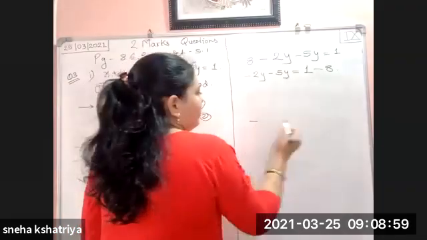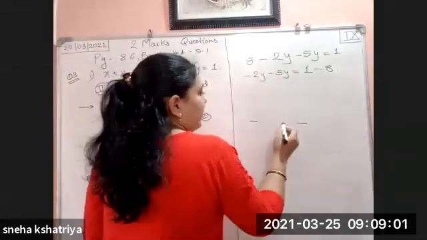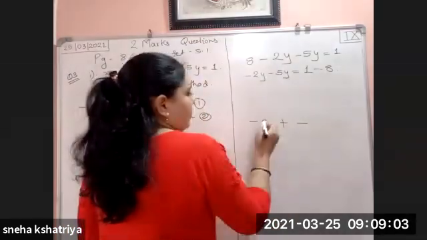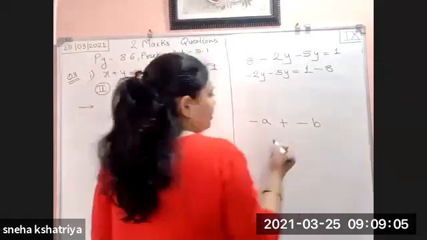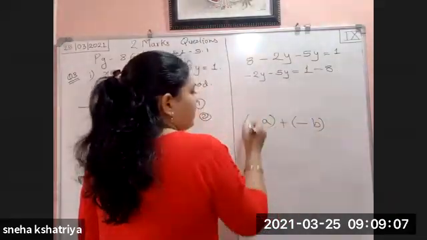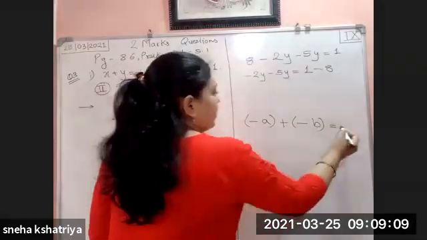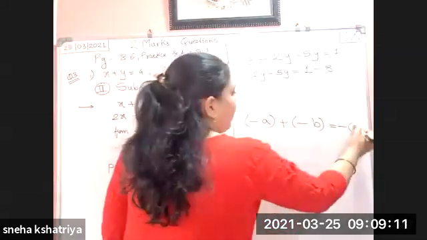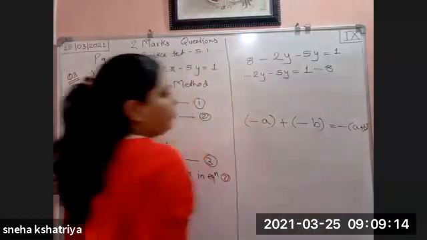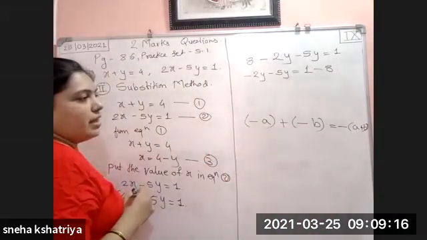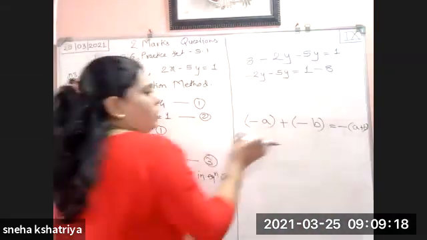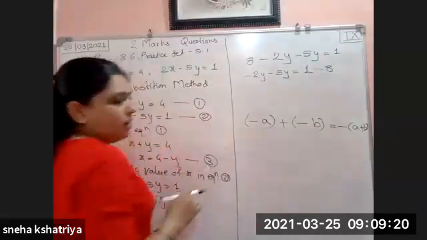Whenever there are minus minus signs, for example, minus a and minus b, these two terms give you a minus sign and you have to add the numbers. This rule of addition you have to remember.